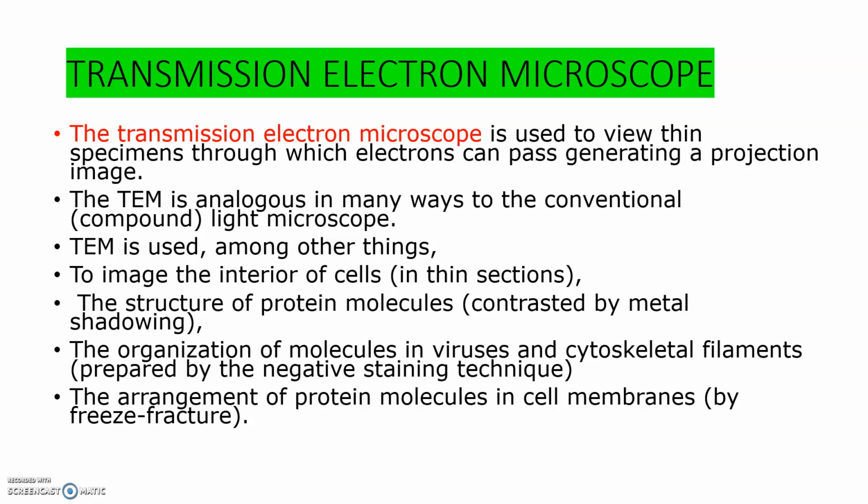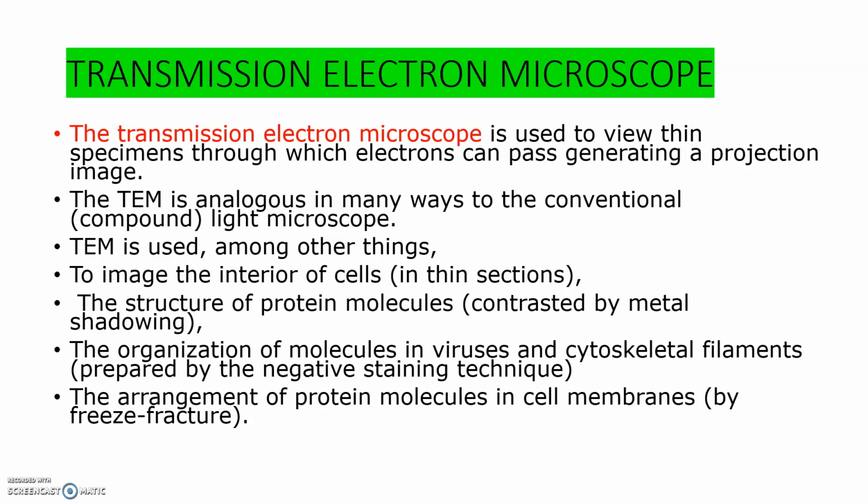The structure of protein molecules can be viewed by contrasting with the metal shadowing technique. Then the organization of molecules in viruses and cytoskeletal filaments can also be viewed by transmission electron microscope, and this can be prepared by negative staining technique in specimen preparation.